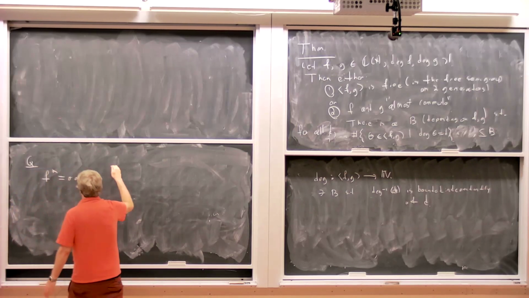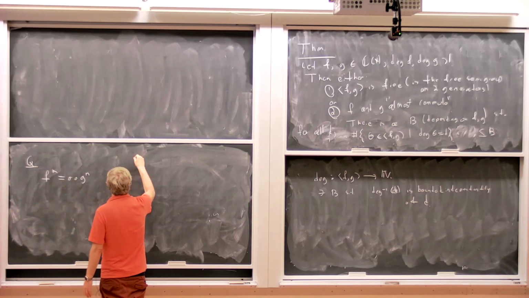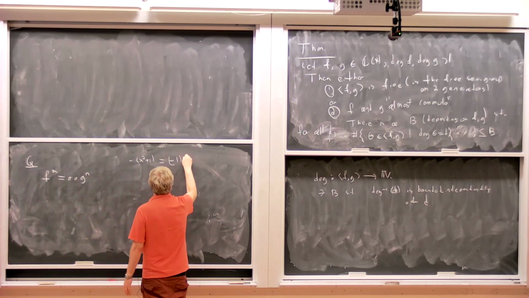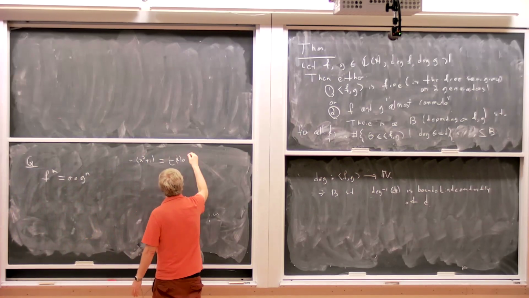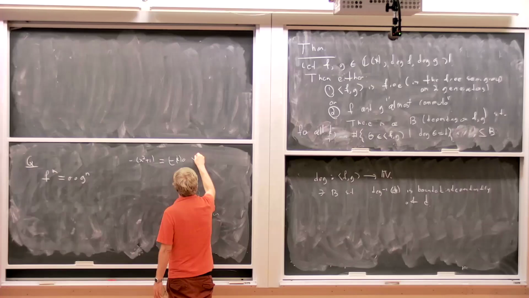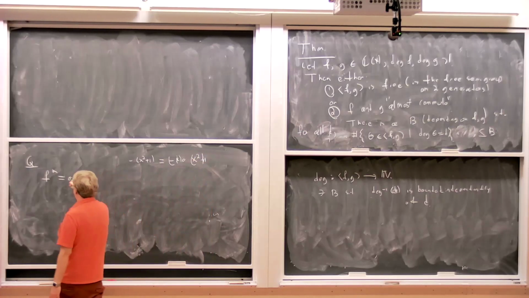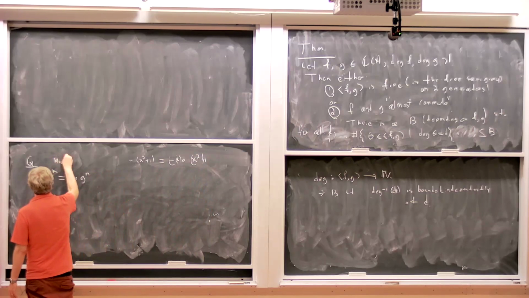That's what happened with my minus x squared plus 1: it was just minus 1 minus x, maybe I'll call it, composed with x squared plus 1. So you might ask, is that where it comes from? Must I have this?